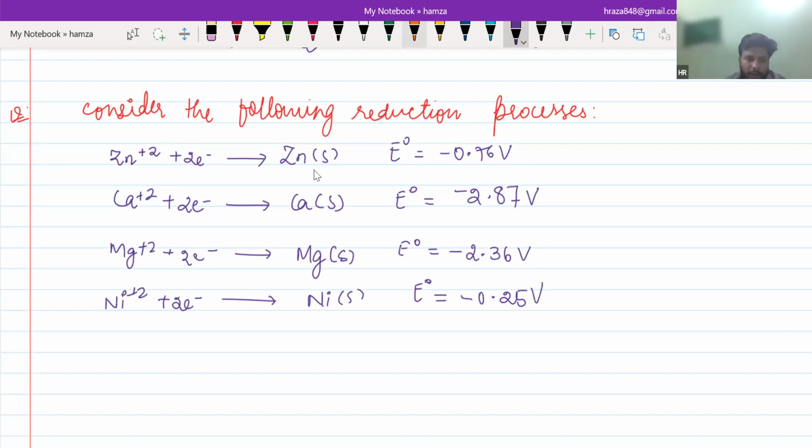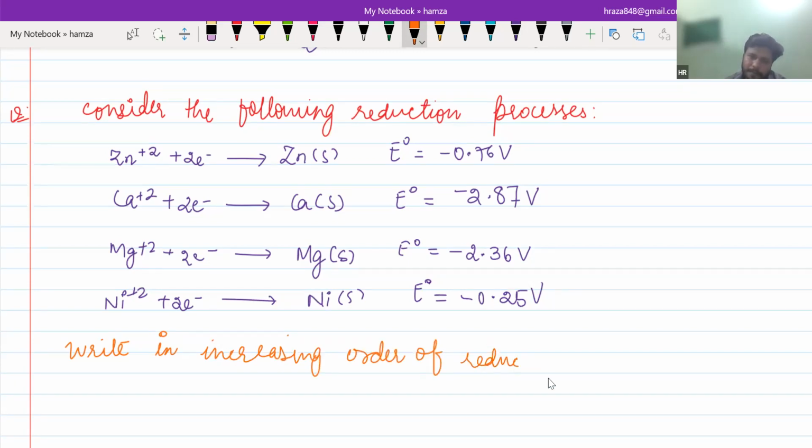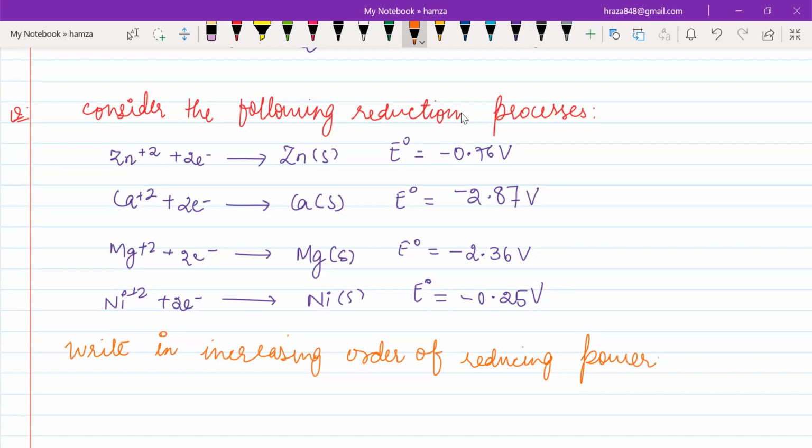Now what we need to calculate is, write in increasing order of reducing power. Please write it.